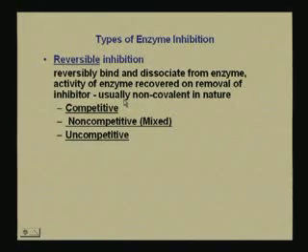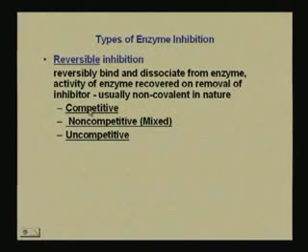So, you just have a loose association of the enzyme and the inhibitor, just like you have the enzyme and the substrate. The reversible inhibition can be of three types. You can have competitive inhibition, non-competitive inhibition, and uncompetitive inhibition. Okay, we will see how these three different types are going to change the overall activity of the enzyme and how actually they occur.